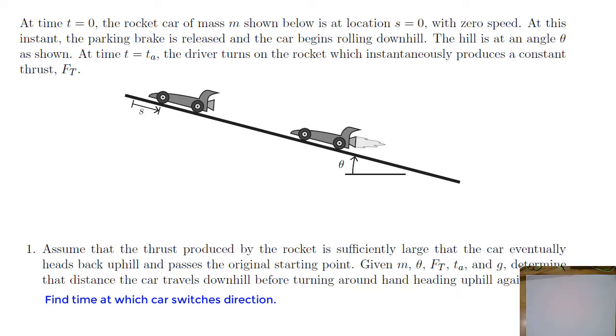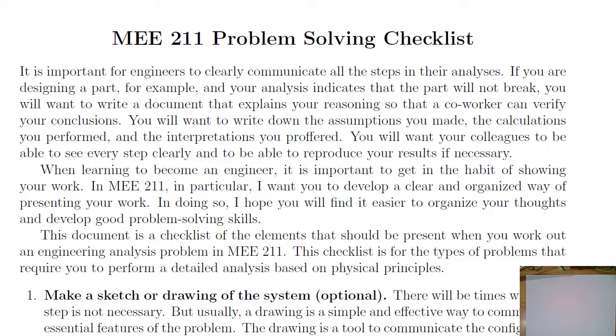Now, as we work through analysis problems like this in our class, what I'm going to ask you to do is follow a set of rules, essentially a process that I call the problem-solving checklist. The problem-solving checklist has at least two objectives.